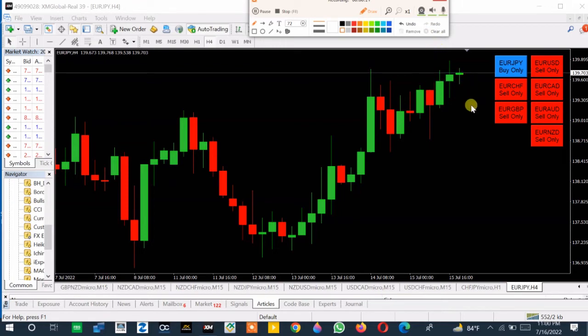From this running candle we check the latest closed candle, the one that closed at 8:00 server time. Here it says buy only, so we make a buy stop only.